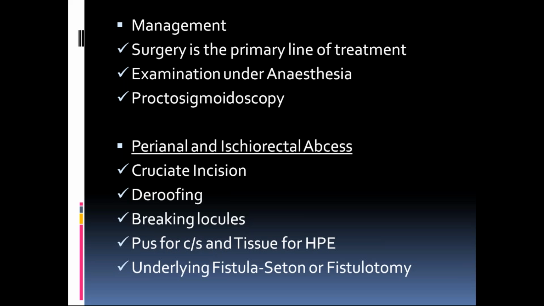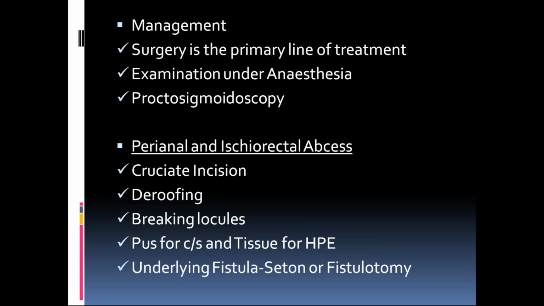Next, if it is a perianal or an ischiorectal abscess, you give a cruciate incision. Cruciate incision means a plus shaped incision, one longitudinal and one transverse, joining those two. If you give a plus shaped incision, you will form 4 skin flaps in the 4 quadrants. Those skin flaps should be deroofed, that is, you should cut the skin flaps.